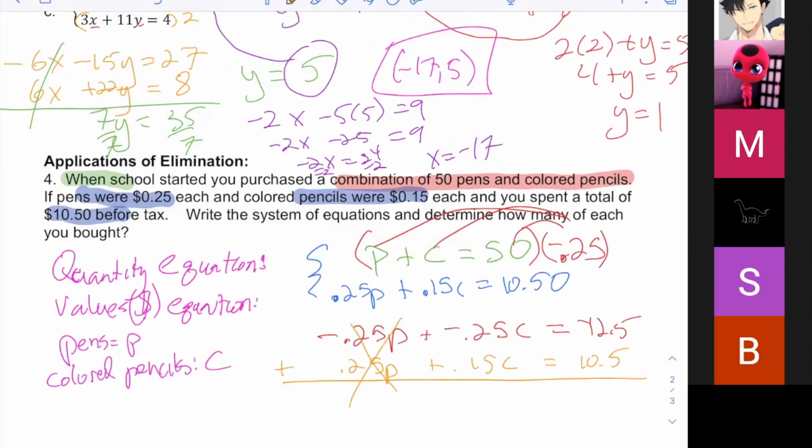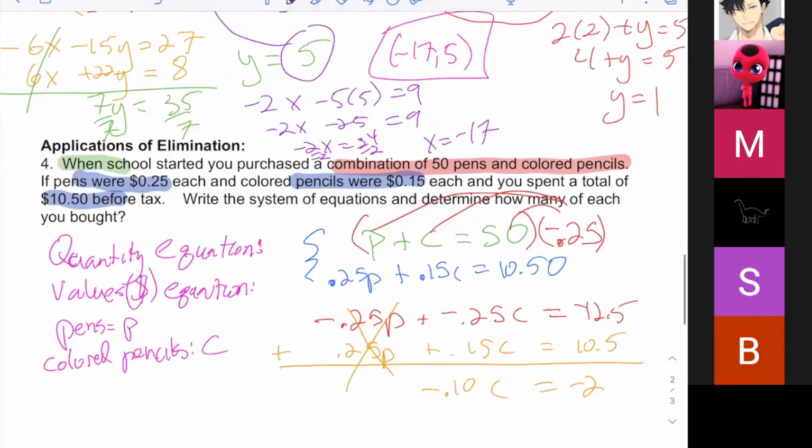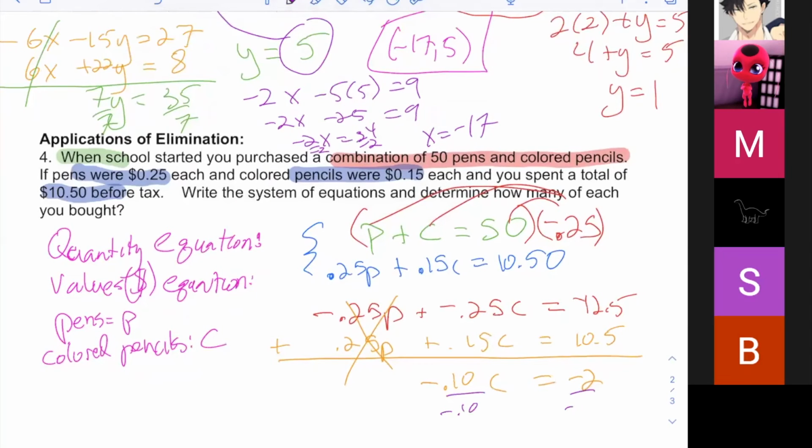So negative 0.25 plus 0.15 is negative 0.10c equals negative 12.5 plus 10.5, equals negative 2. Divide both sides by negative 0.10. C is equal to 20. So that's 20 pencils.